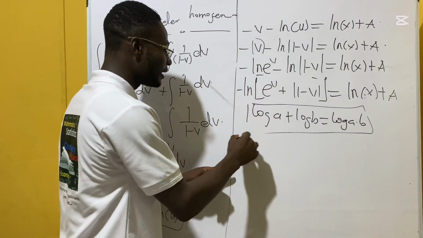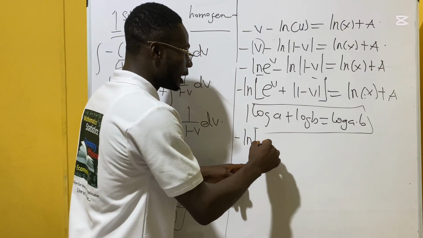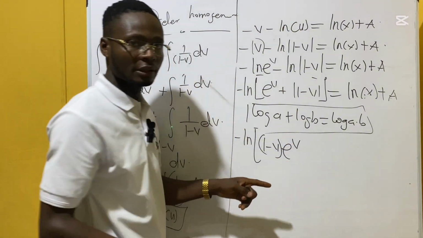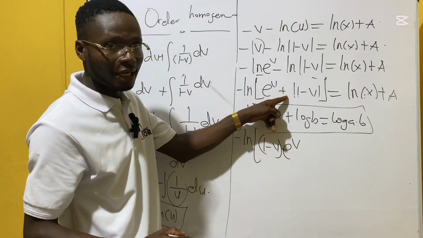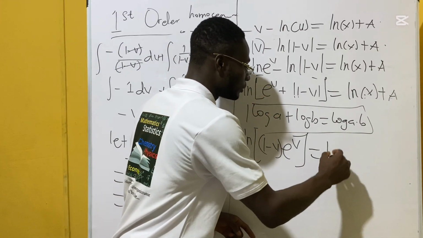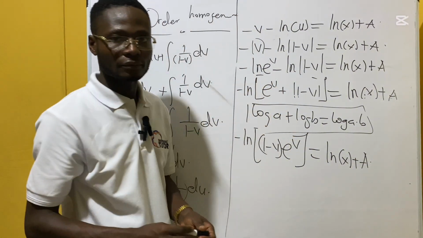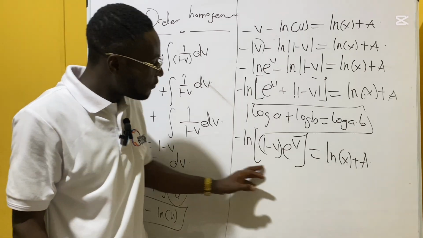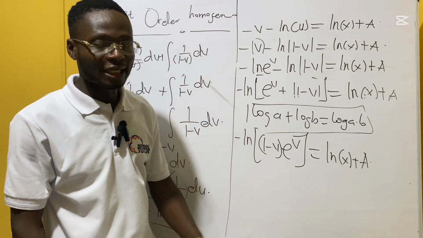We have negative ln of 1 minus v times e power v. We apply this property because they are adding, we multiply, and that should be equal to ln x plus a. Once we have this, we can see that both sides contain ln, so we can do away with the ln.